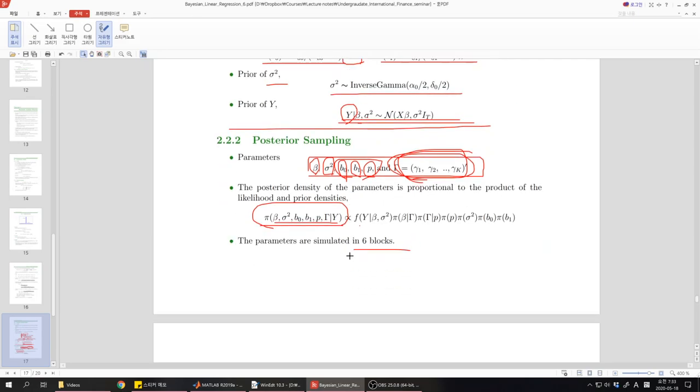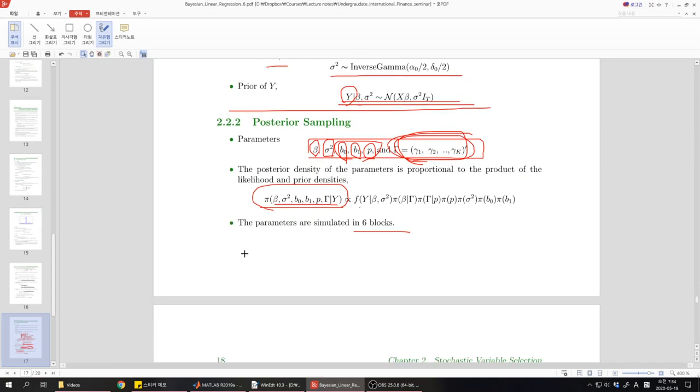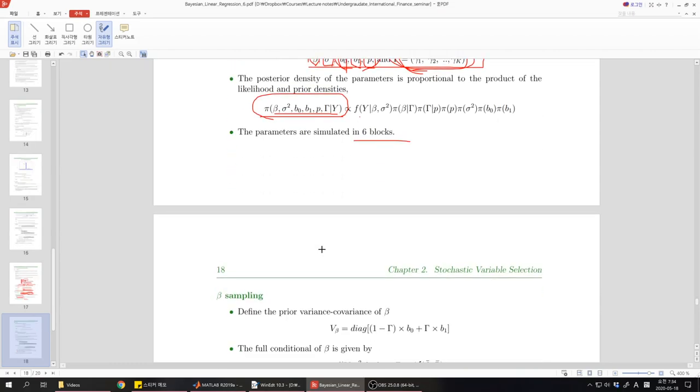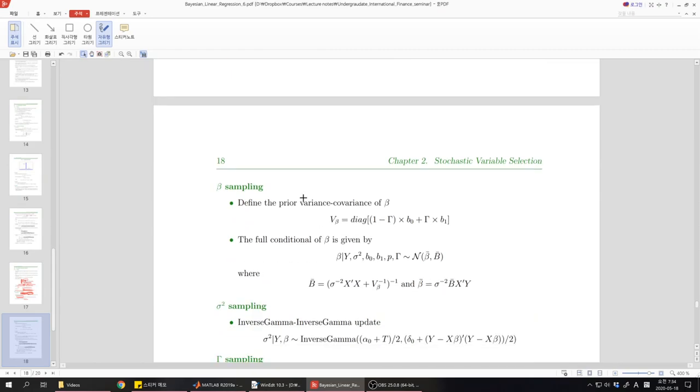Of course, we have learned how to generate beta, sigma square, and gamma, right? Given the other parameters, right? So now we need to discuss only the sampling procedure for b0, b1, and p, and nothing else, right? The others have been already covered.